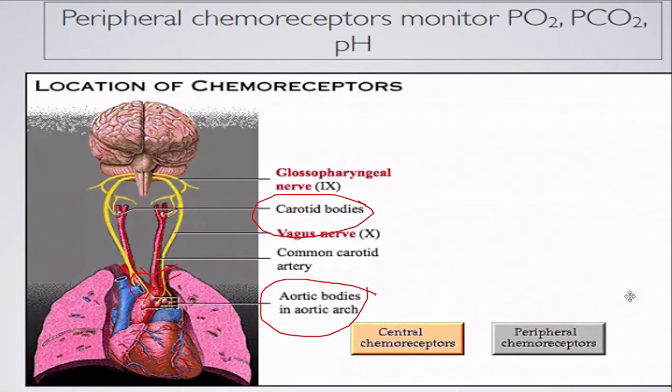The innominate artery gives rise to the right common carotid and right subclavian. So we have the carotid bodies, chemoreceptors only, and the aortic body with mechanoreceptors and chemoreceptors as well.